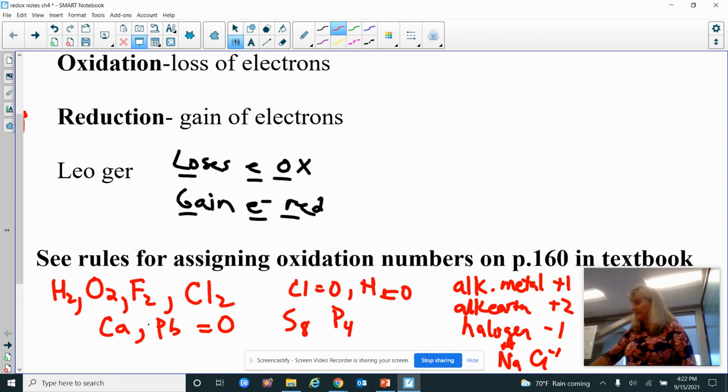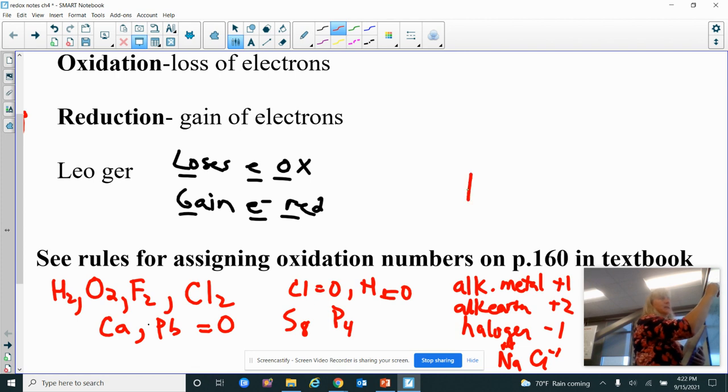Rule number 3: the sum of the oxidation number values for atoms in a molecule or formula unit of a compound equals 0. We have also done that before when we're figuring out charge or formula. We know that they have to add up to 0.